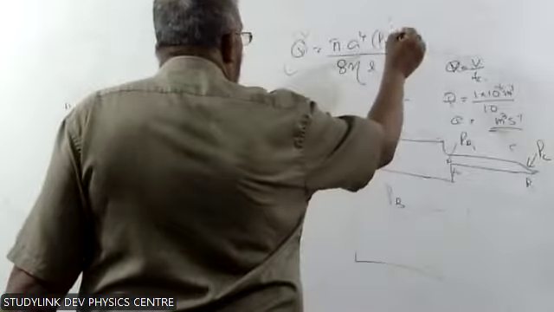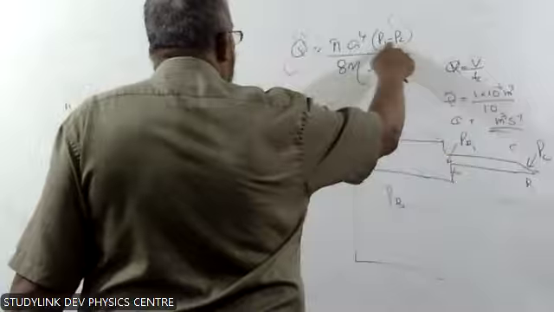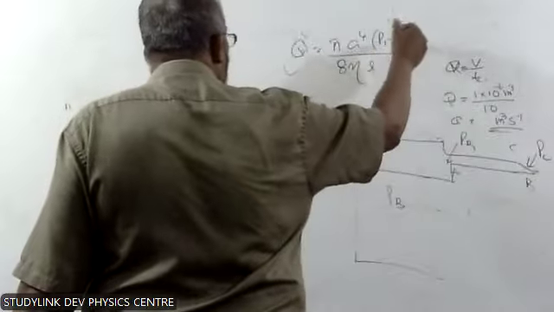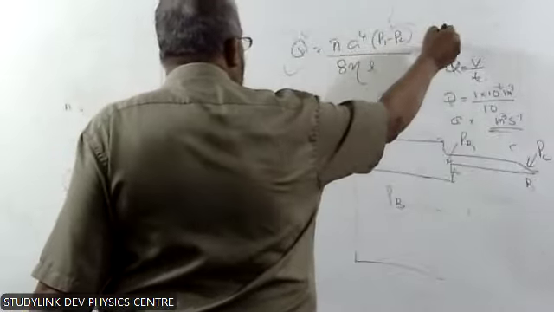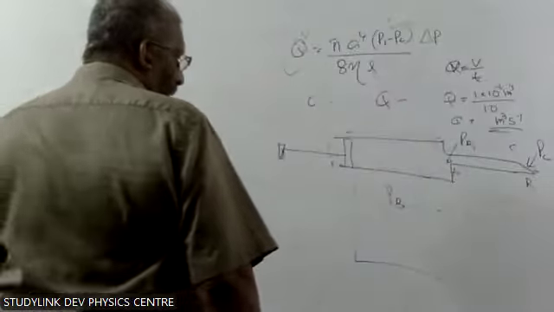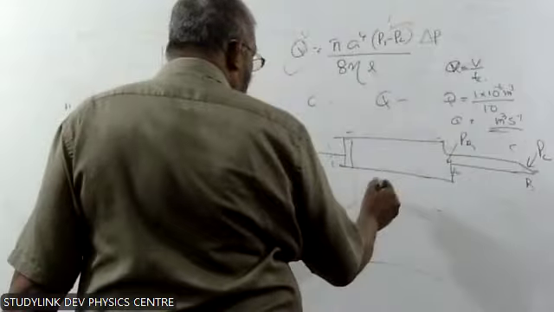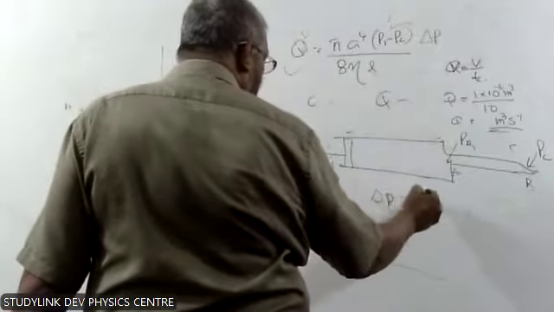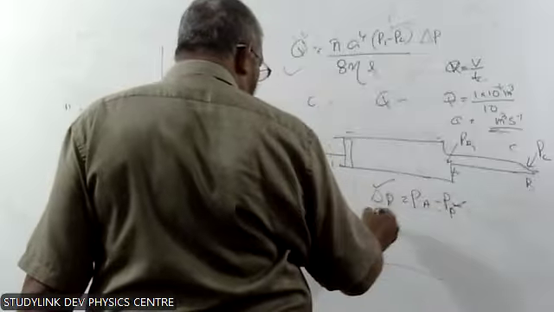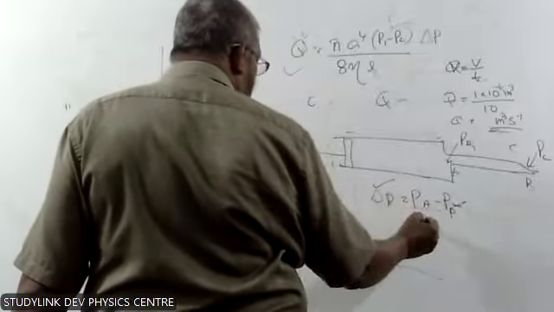Then PB minus PA gives the pressure difference they are asking. You can write it as delta P, which is PA minus PB. PB is atmospheric pressure, so you can find PA.